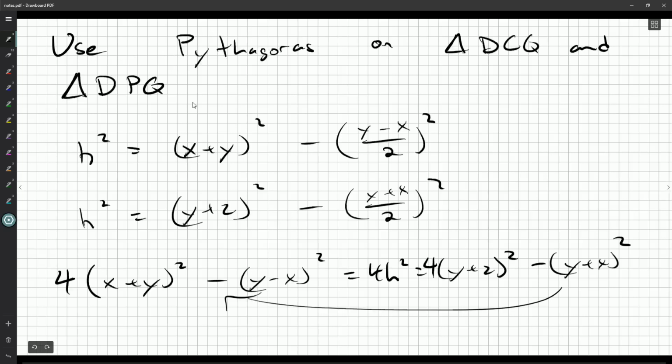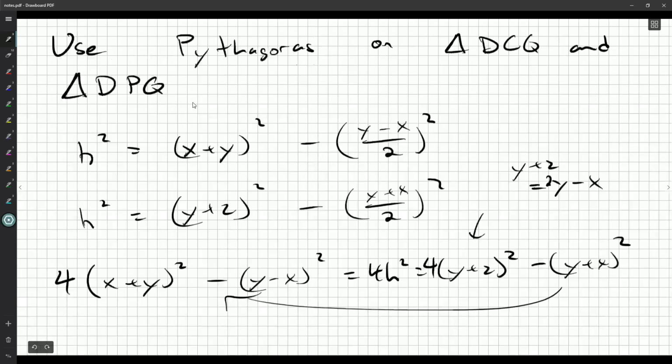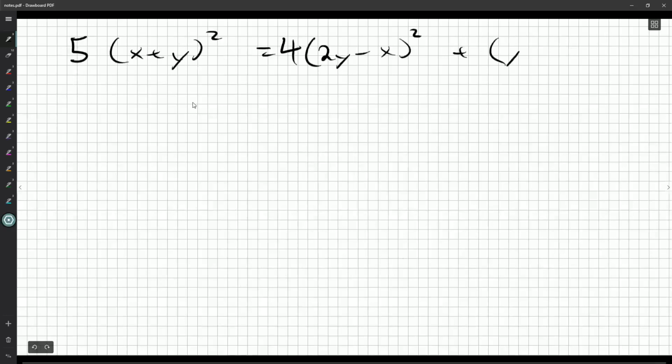Now, I guess y plus z is the same as 2y minus x. So 2y minus x squared, so 4 times that, plus y minus x squared. Just rearranging everything so it's all positive. Now we've got one equation and 2 unknowns.